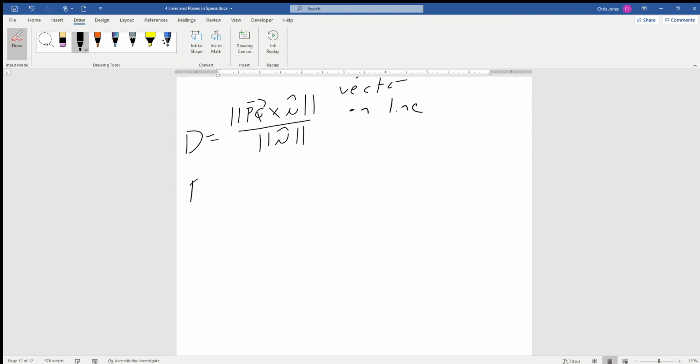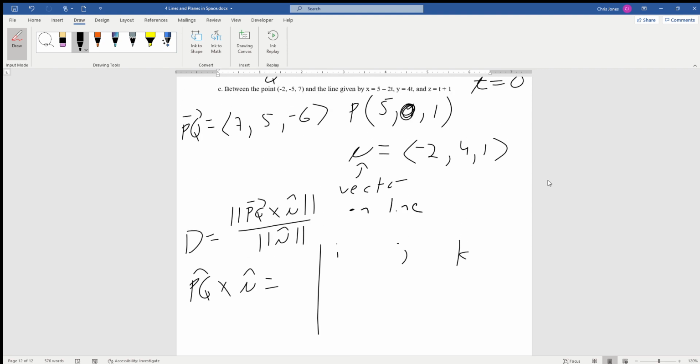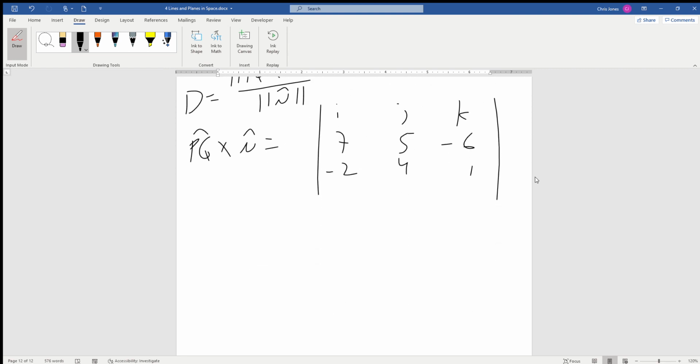So PQ cross U is going to be equal to the determinant with i, j, k. PQ was 7, 5, -6, and U was -2, 4, 1. And so if we find our cross product for this, we get 5 minus 24, so that's going to be 29i.